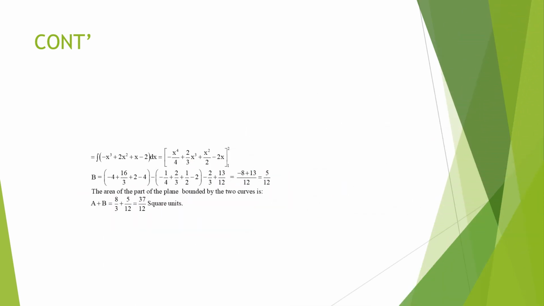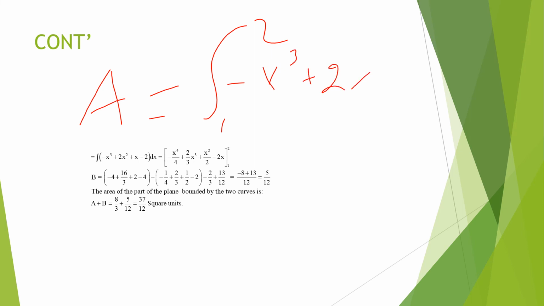The area of the region from 1 to 2 will be equal to the integral from 1 to 2 of negative x^3 plus 2x^2 plus x minus 2 dx.